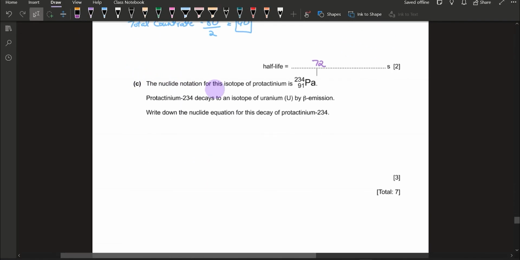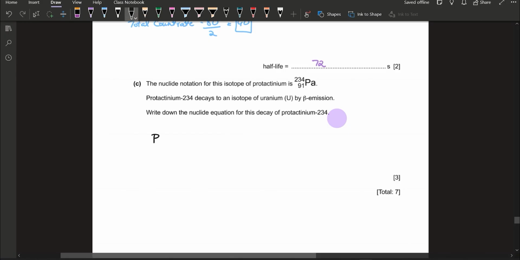Part C says the nuclear notation for the isotope is this, and Pa decays to an isotope of uranium by beta emission. Write down the nuclear notation for this decay of Pa. So first we can write down our letters.